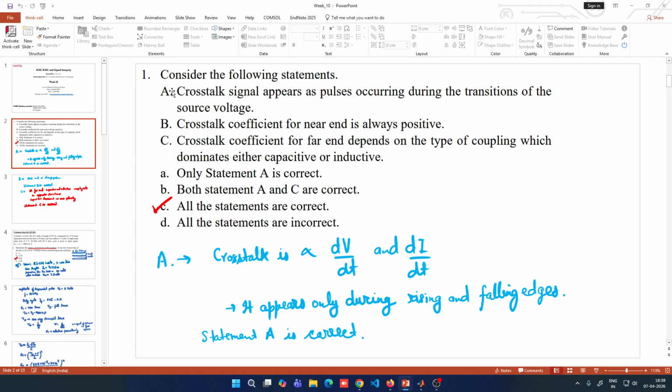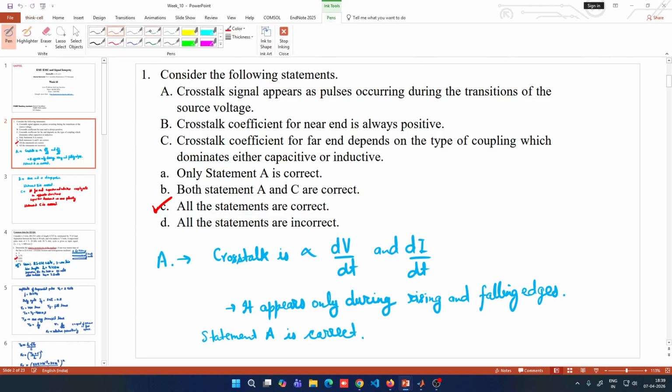Statement A says crosstalk appears as pulses, that is correct. Whenever there is a transition in the clock signal or clock pulse, crosstalk is directly proportional to dV/dt and dI/dt, so it appears only during rising and falling edges. Let's suppose this is the clock pulse.